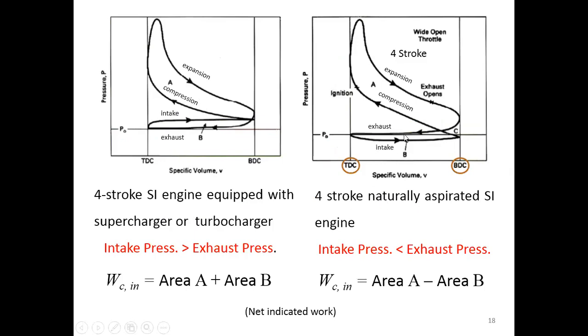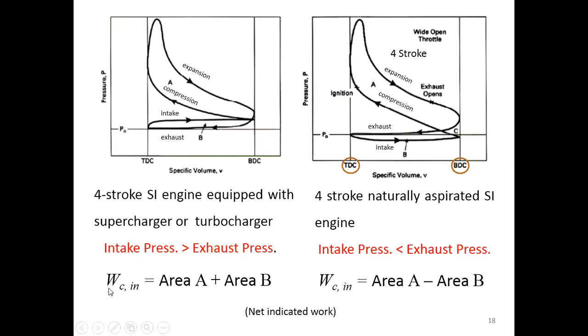You can see that the lower portion is always less than atmospheric pressure, while for this graph, the lower portion is always higher than atmospheric pressure, right? So that means what? The intake is higher than the exhaust. And for this one, the exhaust is higher than the intake, right?